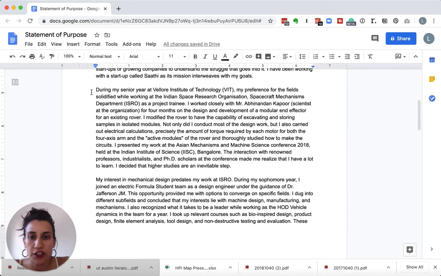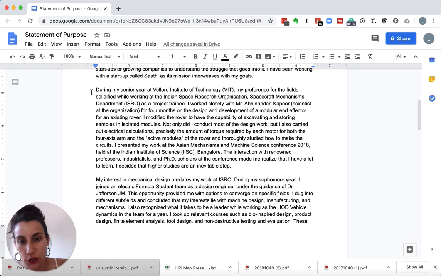During my senior year at Vellore Institute of Technology, my preference for the field solidified when working at the Indian Space Research Organization, Spacecraft Mechanics, as a project trainee. I worked closely with Mr. Abhinand Kapoor at the organization for 4 months on the design and development of a modular end effector for an existing rover.